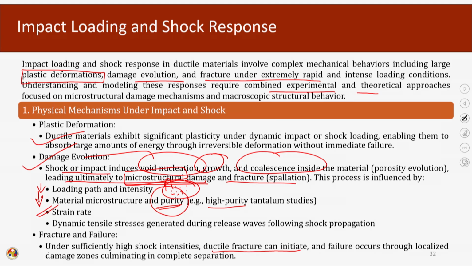Ductile failure will happen if the criteria of high purity and low microstructural damage are met, or failure can also occur through localized damage zones culminating in complete separation. So, it will also depend upon the microstructural behavior of the metals.